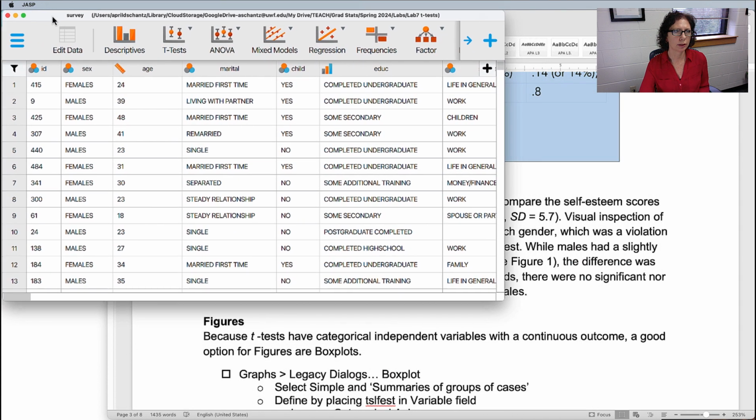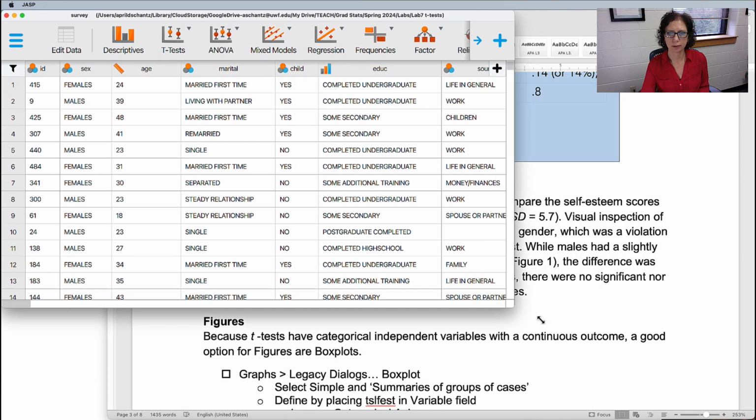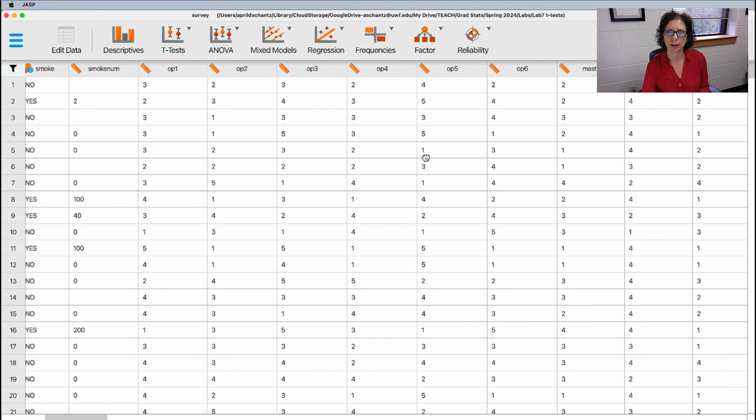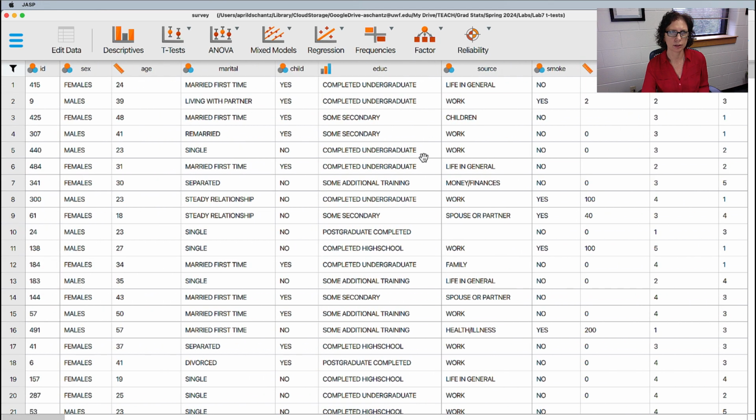And the first thing we do is take a look around, make sure everything came in correctly, that our ID variable is nominal, our variables that are categorical are indicated so, and continuous variables are set correctly, right?